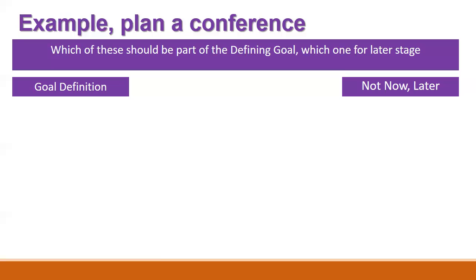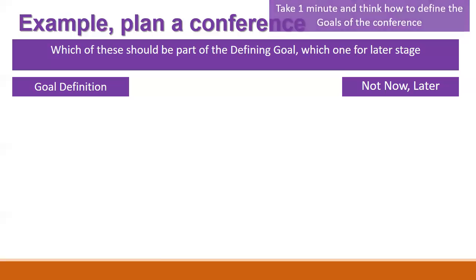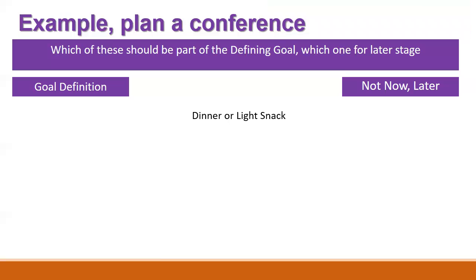We can't do the things at the bottom until we've done the things at the top. So that's what this exercise is. Which are the more important things that we have to look at now, and which things can we postpone and do nearer to the time? So let's have a look.